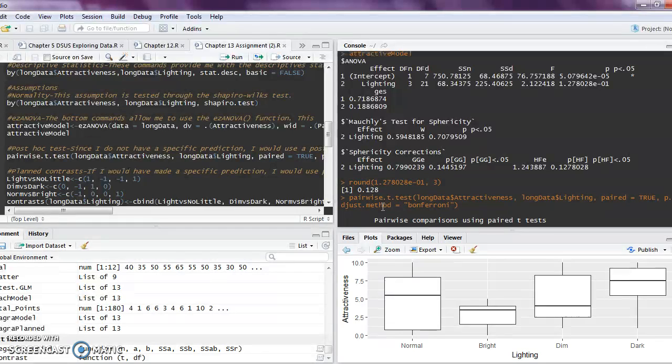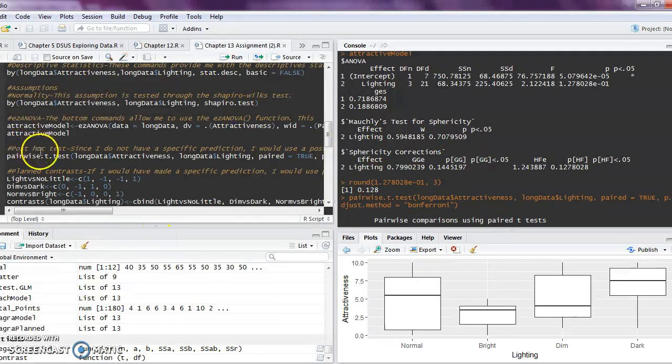lighting on attractiveness ratings. However, if it was significant, then we would say otherwise, and we would look at our sum of squares, the residual sum of squares, and all of that good stuff, to break down the variability in our experiment and see how much of it explains such an effect.